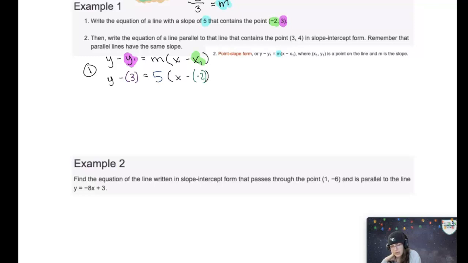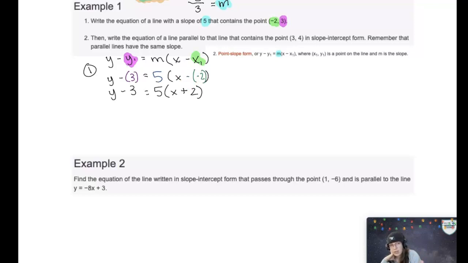So we're going to leave it in point slope form, but if we decided to simplify that, we would go y minus 3, because nothing changes because there's no signs or anything, equals 5 times x plus 2, because you have both your negative signs right here, and that is going to turn into a positive.